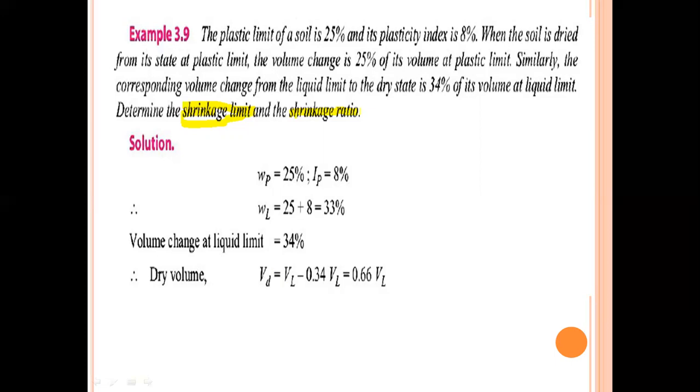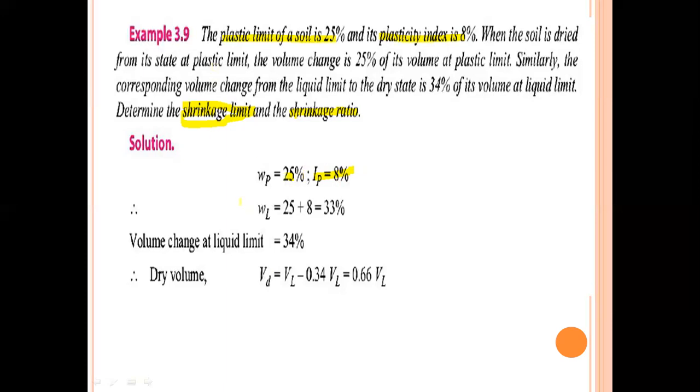So first of all, in this problem is given data. Write the problem, all of you. In this given data, plastic limit of soils means WP 25%, and plasticity index IP equal to 8%, and volume change means when dry soil is from its state at plastic limit.